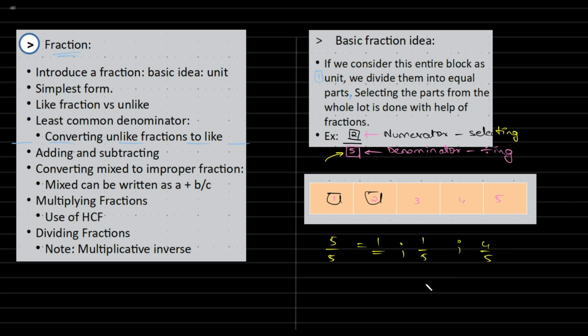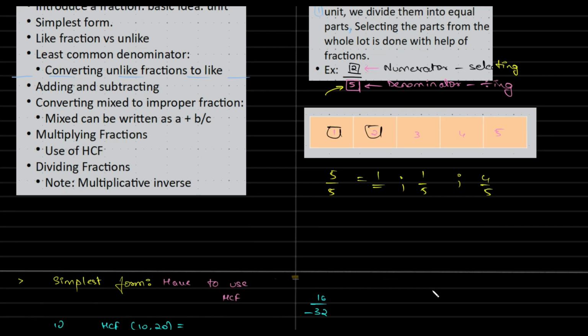So this is how you represent it. So a fraction helps in representing, for a given unit, how many parts it has been divided into and how much the other person is taking up, how much has been selected. So this is your fraction. The main keywords are numerator and denominator, the numerator being the top one, the denominator being the bottom one, right?